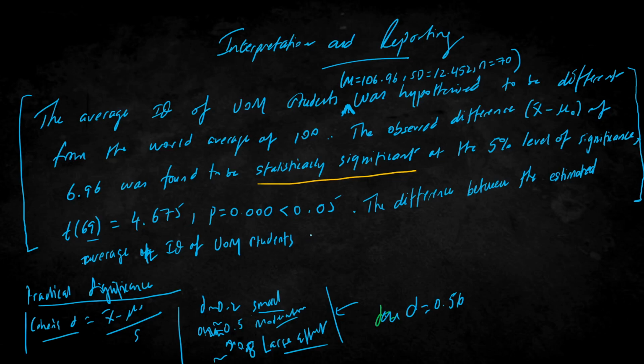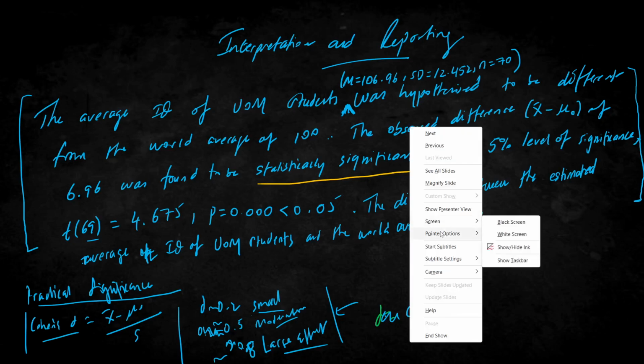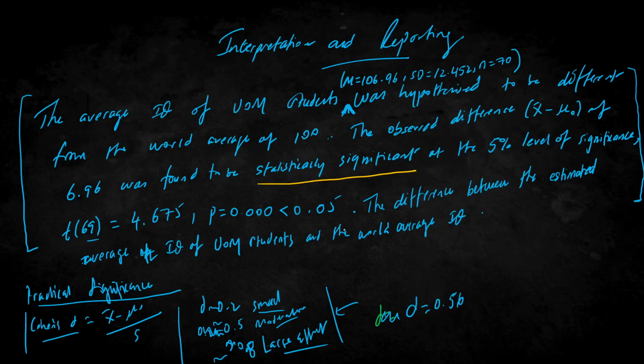So that difference in the world average IQ. Now you don't need to write it again if you want; you can just state it directly, but you can if you want. So the difference in the world average IQ is found to represent a medium effect. And why are we saying that?